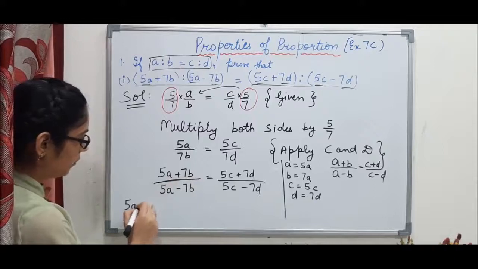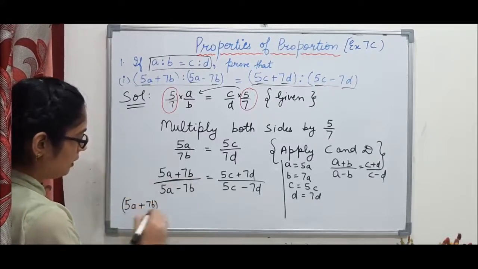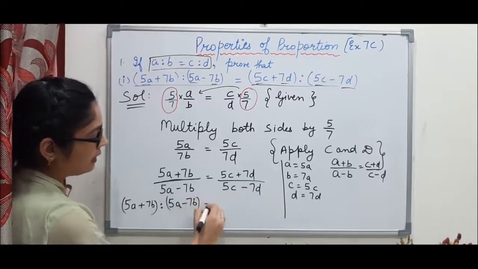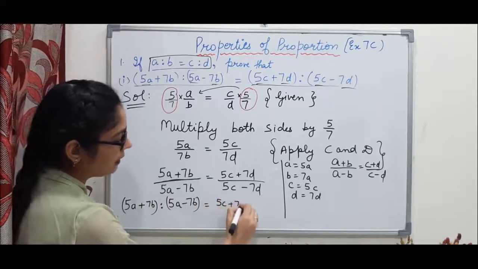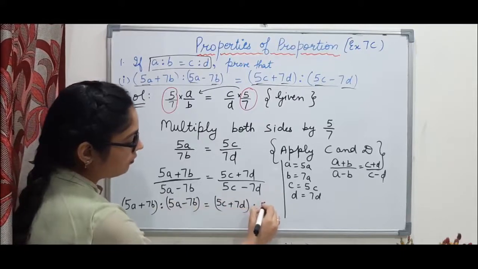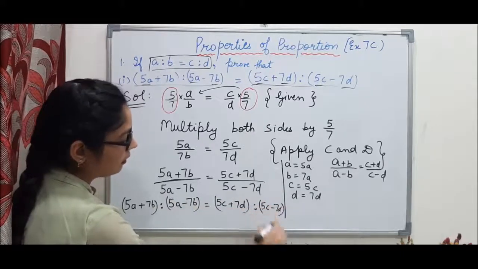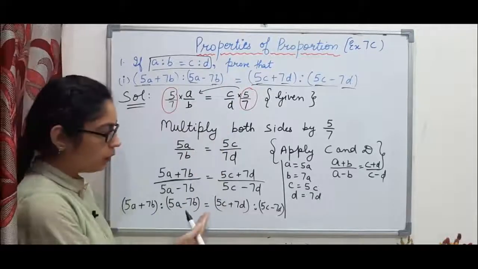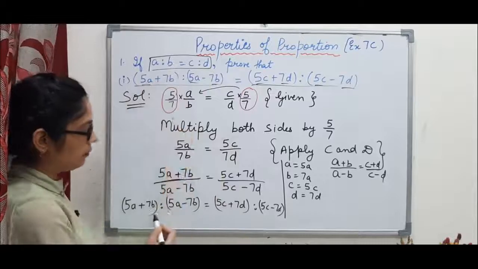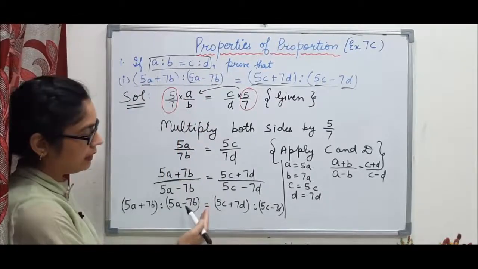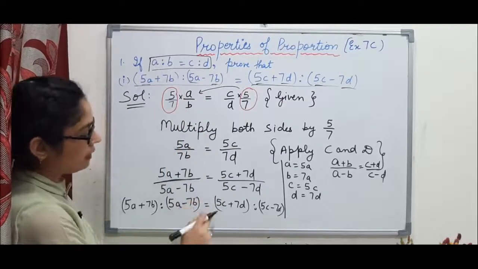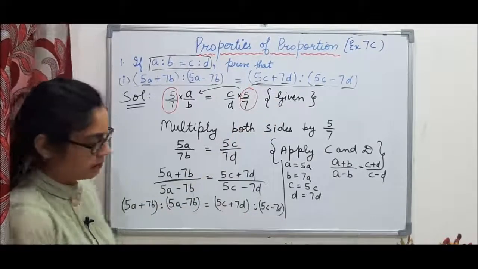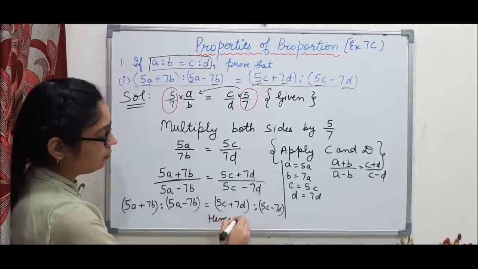So I can write it 5a plus 7b is to 5a minus 7b equals to 5c plus 7d is to 5c minus 7d. So this was our requirement. This is what we had to prove. So you can write hence proved.